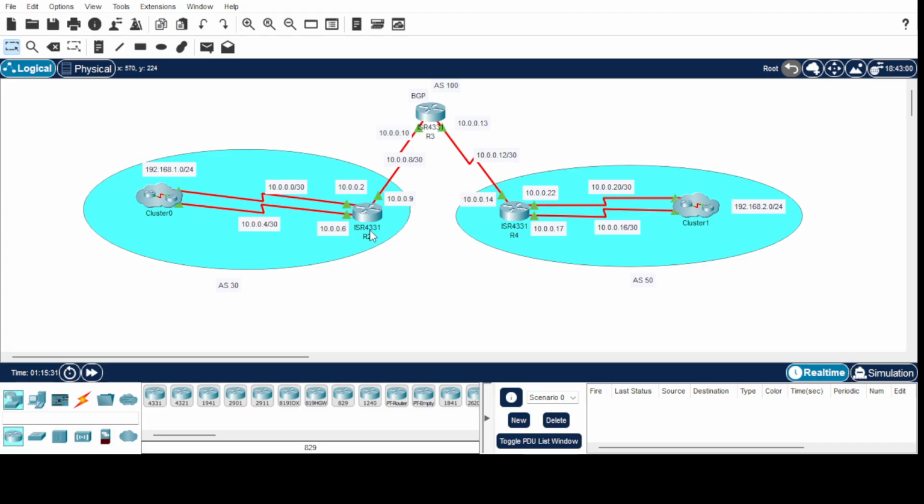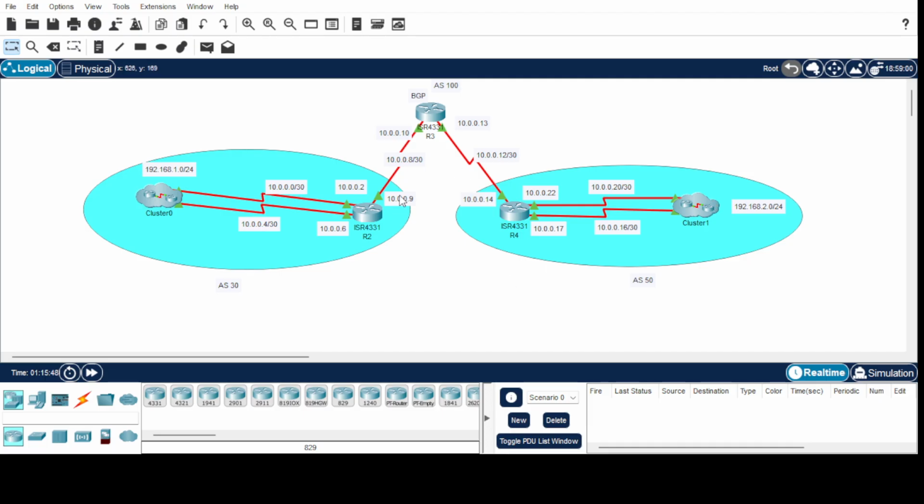As soon as I have done the redistribution of these routing protocols, meaning from the local routing protocol to BGP and BGP to the local routing protocol, because of that the local IGP will know how to take the traffic to the destination network in a different ASN.